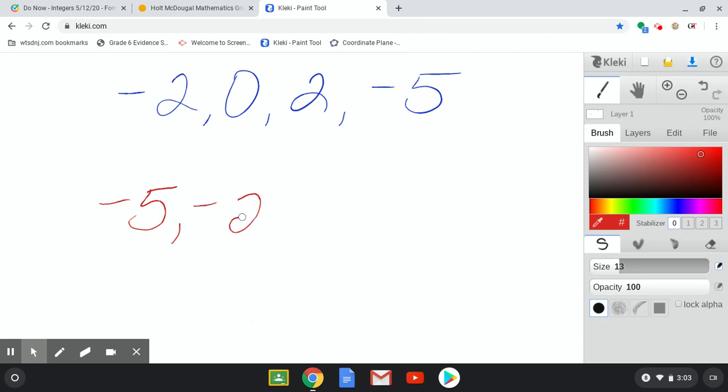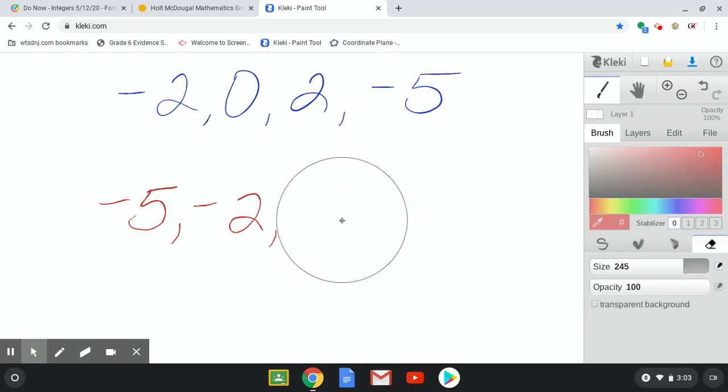Then it's going to be negative 2. Then it's going to be 0, and then 2. So think about it. From least to greatest, if you were looking at a number line, envision that number line above my board again, I would see the larger negatives to the left, zeros in the middle, and then I'm working my way up to my positives. So this is how it would be if it were from least to greatest.